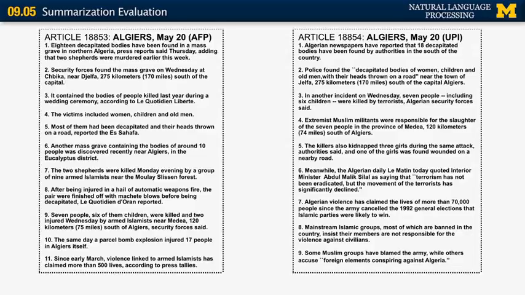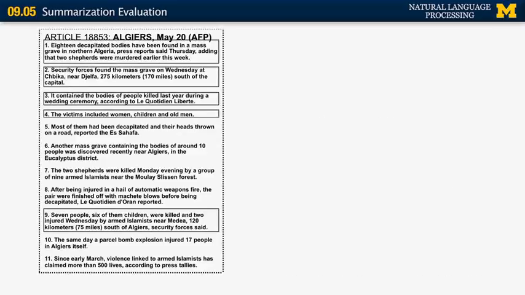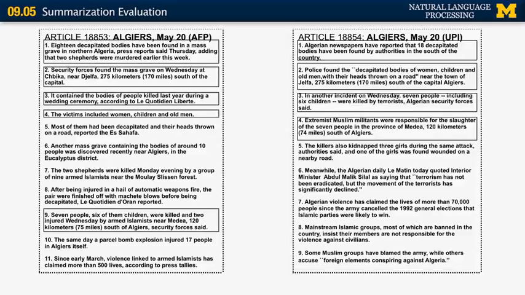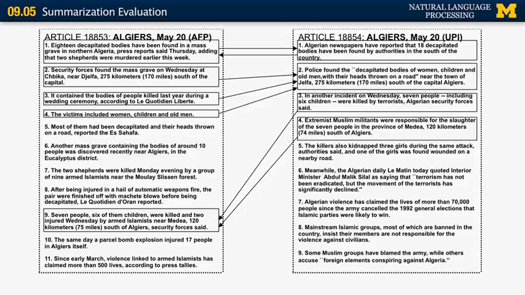One thing that we can notice here is that some of the sentences on the left-hand side somehow match with some of the sentences on the right-hand side. So here, sentence 1 on the left gives almost the same information as sentence 1 on the right. Sentences 2, 3, and 4 on the left combined give the same information as sentence number 2 on the right. And sentences 3 and 4 on the right combined give the information that is in sentence 9 on the left.